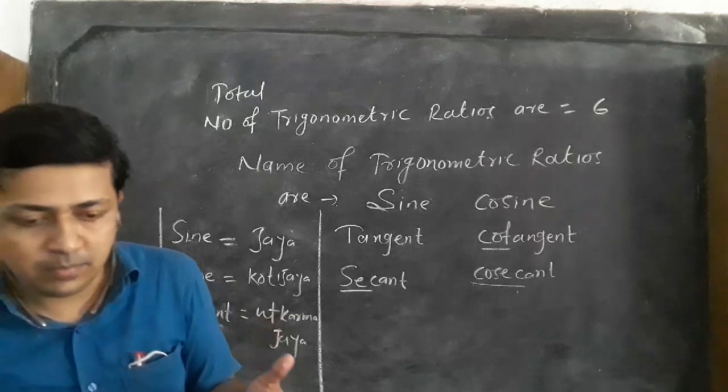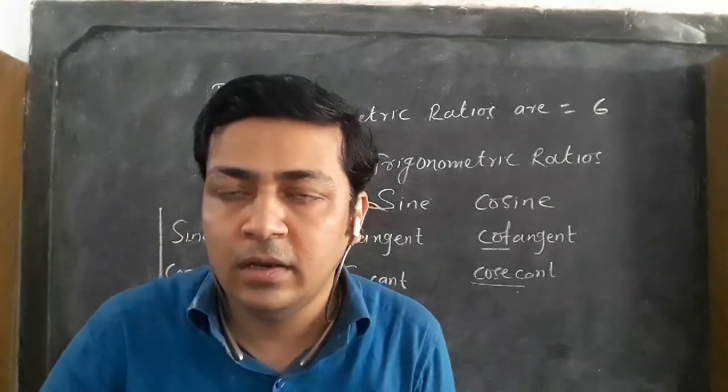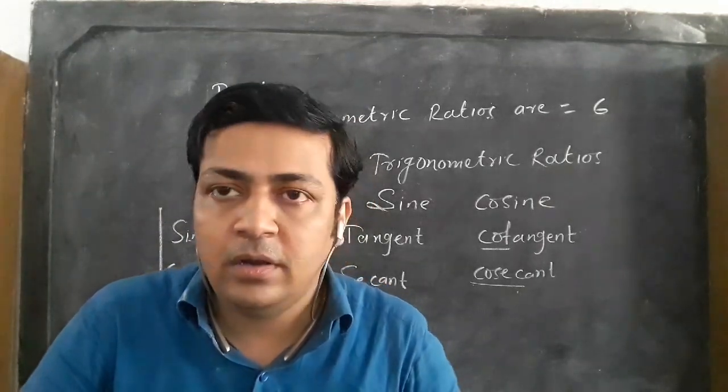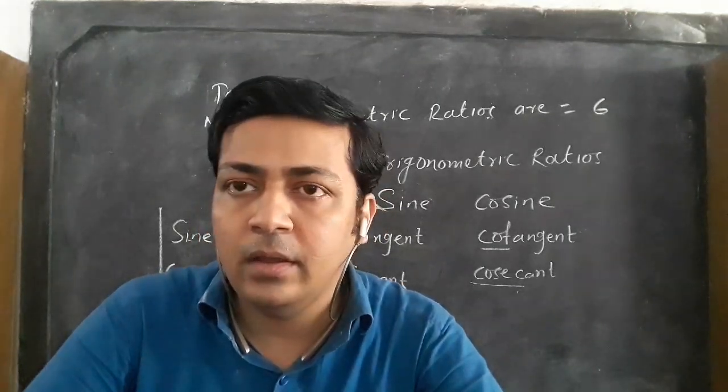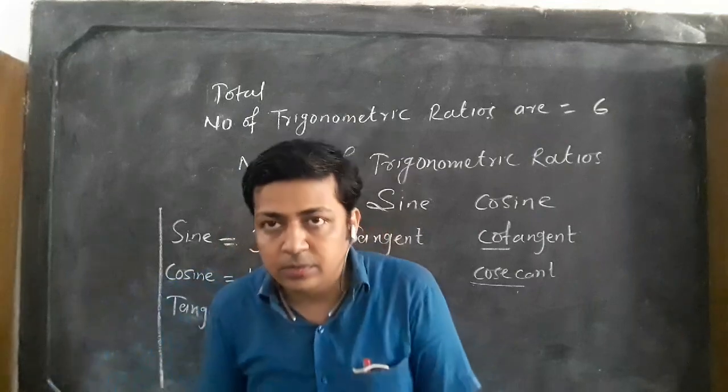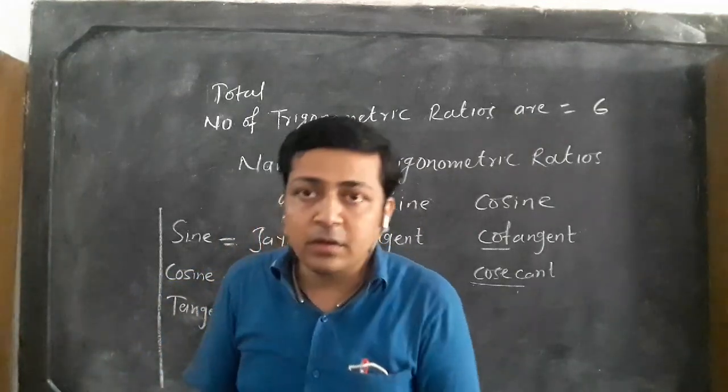Theta is the representation of the angle. Theta is actually a Greek word. Theta, beta, alpha are all Greek letters used in trigonometric ratios.